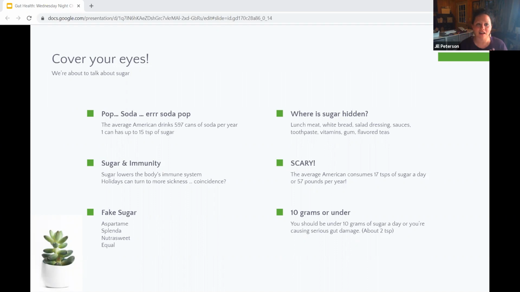But I have to also look at how much sugar did I just consume from that lunch meat? So lunch meat, spaghetti sauce, white bread, salad dressing. Salad dressing is one that I strongly encourage you guys to look at because we think we're being so healthy with our yummy salad. And when you look at that store-bought salad dressing, it is mind-boggling how much sugar is in those. So read your labels when it comes to sugar.